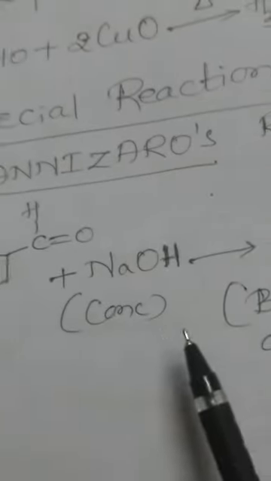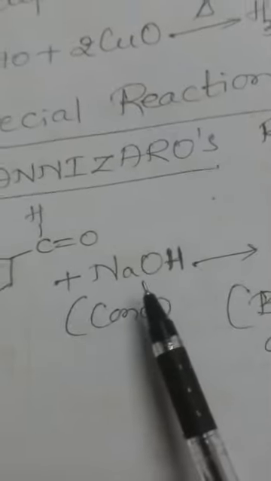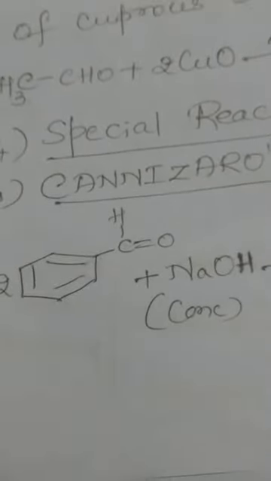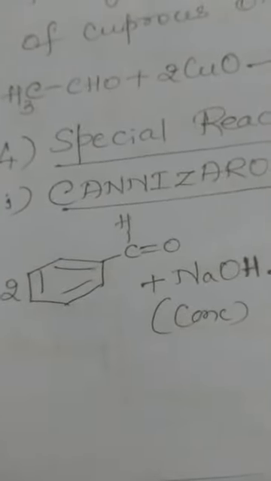One example is benzaldehyde, which I have taken here. You can even take formaldehyde, that is HCHO. That is also possible. So aldehydes having no hydrogen at the alpha carbon atom, when treated with concentrated alkali solution like sodium hydroxide, NaOH.